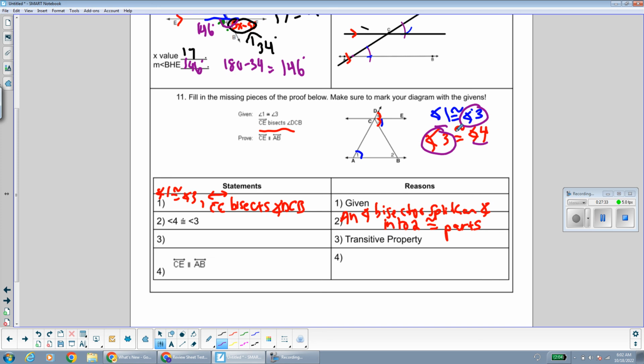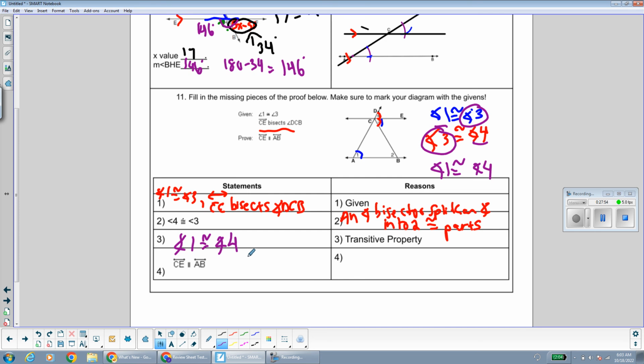If they're congruent to the same angle 3, then they have no choice but to be congruent to each other by the transitive property. Once again, the transitive property says if two things are congruent to the same third thing, then they have to be congruent to each other.